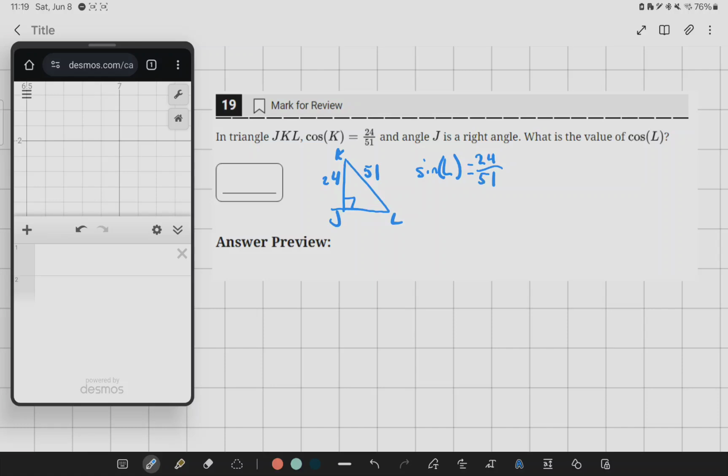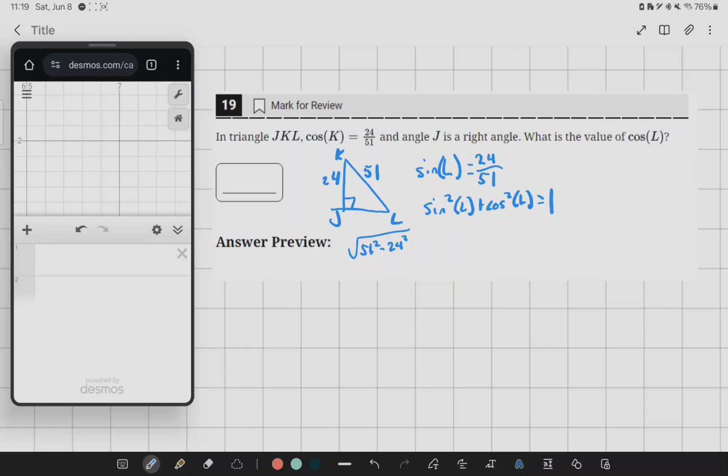So we can use sine squared plus cosine squared. So sine squared L plus cosine squared L equals 1. We can either use that one, or we can use the Pythagorean theorem and just do the square root of 51 squared minus 24 squared.